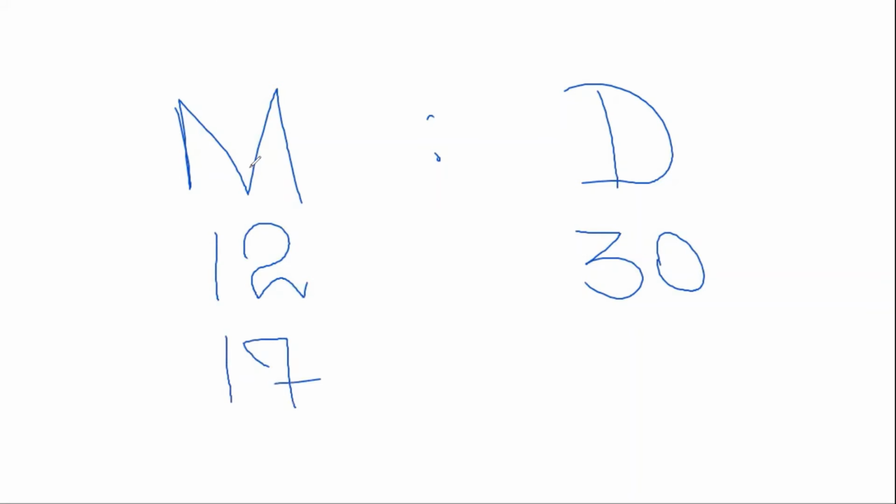There is a ratio. Suppose 12 persons can complete a task in 30 days. If 5 more persons are added, how much time? 5 more added means 17 persons are there now, and how much is the time?